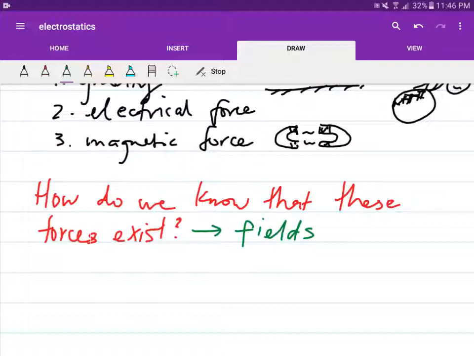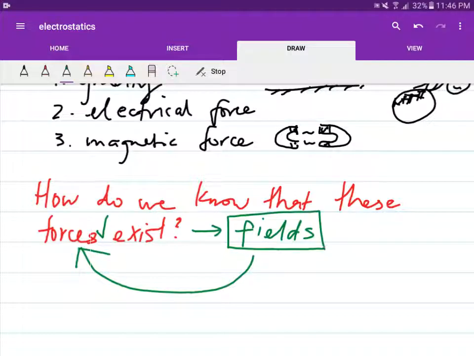And vice versa, the answer to how do we know that these fields exist is because we observe that these forces exist. So it's like a circular question, but for the lack of any better explanation, these fields are the most suitable mathematical object to describe the existence of these forces.